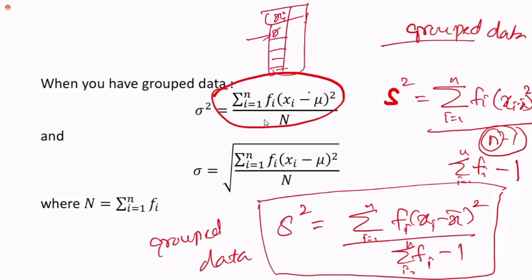In that case, xi must be replaced by the mid value of each class interval. I told you how to find the mid value of a particular class interval, right? Upper value plus lower value divided by 2. That is how we find the mid value of a class interval.